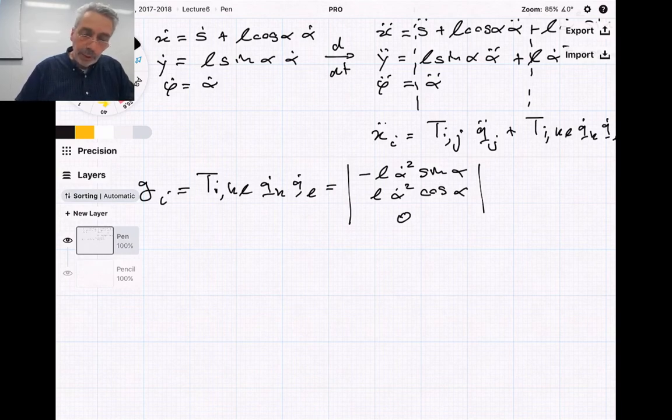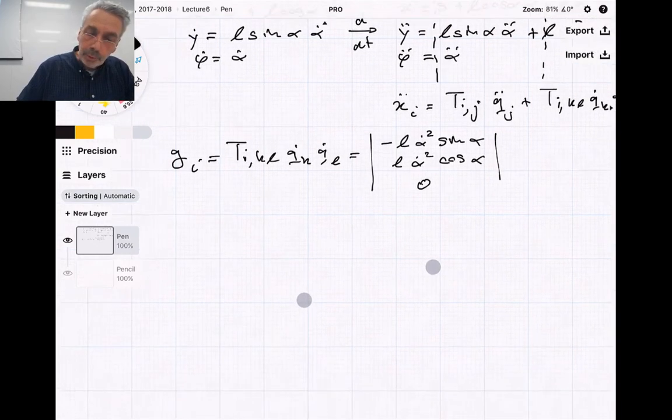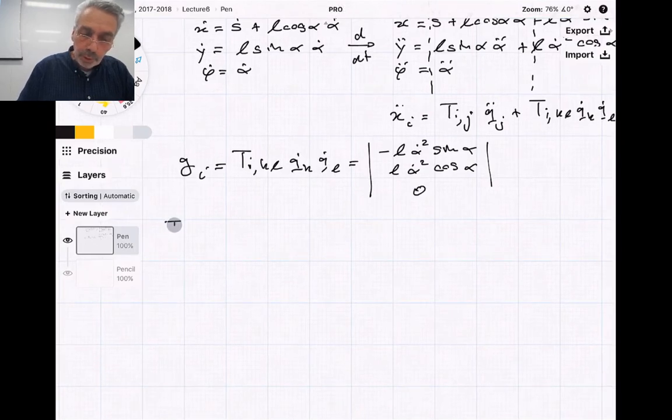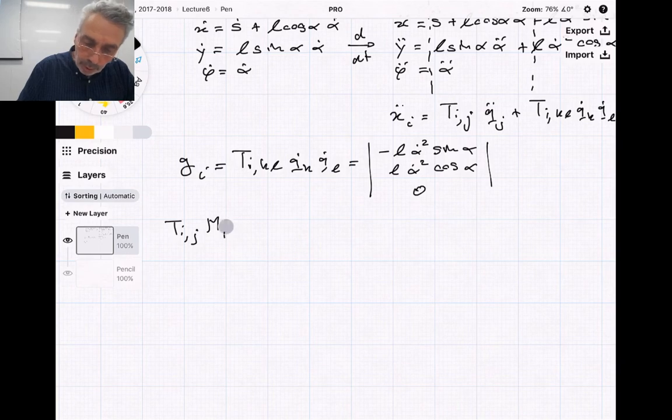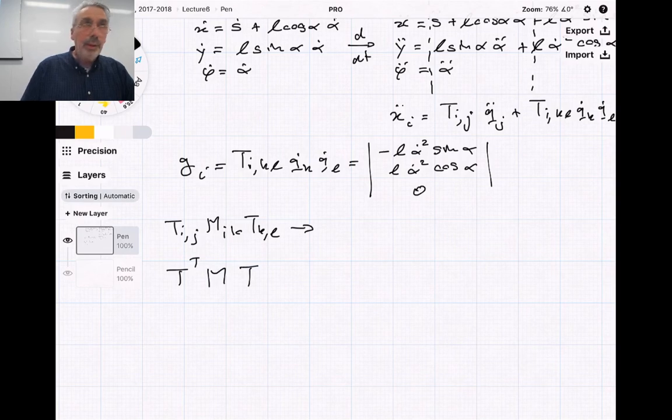put everything together. So maybe let's first do the transformed mass matrix. So T i j, M i k, T k l. Meaning that that's actually T transpose times M times T, and those things are more easily understood. So remember what the mass matrix was. That was simple: mass, mass, mass moment of inertia.